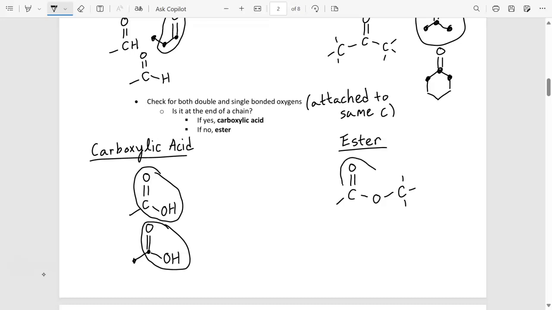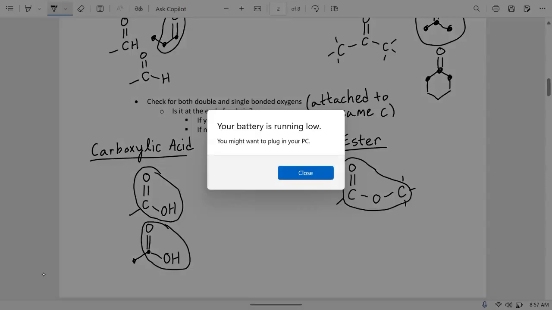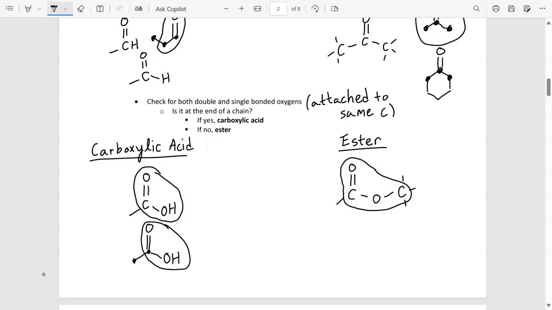But the importance is that you have both a single and a double bonded oxygen all to the same carbon, and then on the other side of the single bonded oxygen is another carbon. Okay. And then as a skeletal, it would look something like this. Again, oxygen with a carbon on either side of it.